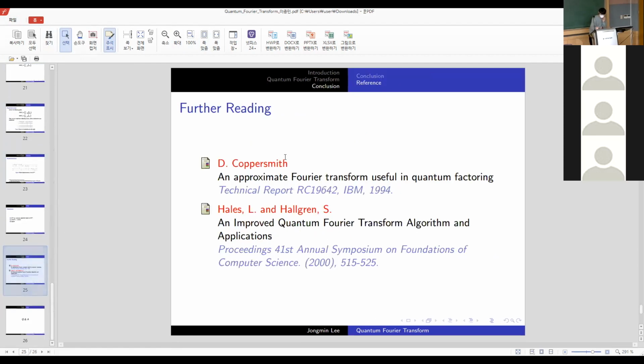Shor invented it, that's the actual paper, the first paper, 1994. And there is more about the QFT, not only this algorithm, but also the approximation.